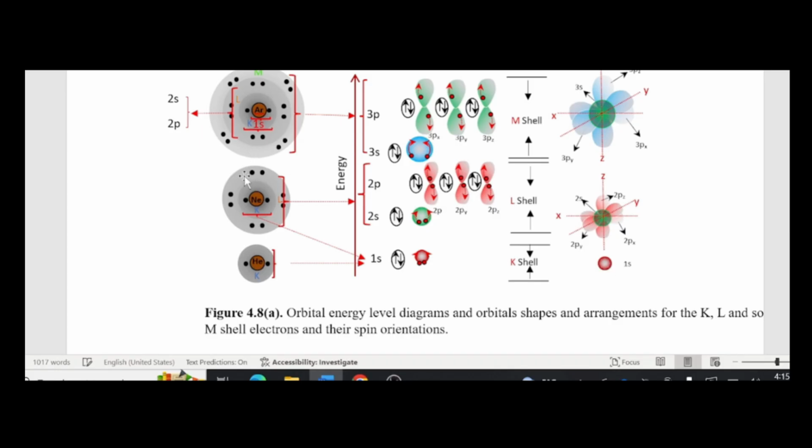This one here is neon. Neon will have exactly what helium has. It will have this one. In addition to that, it will have the electrons in this second shell here, and this second shell here will have an s orbital here.